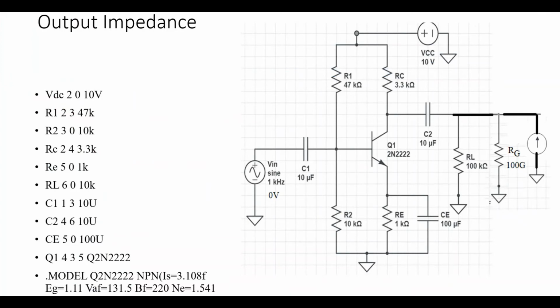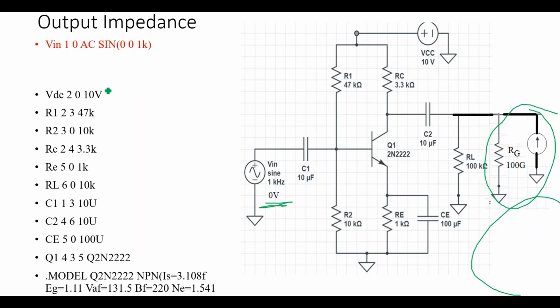Next is the output impedance. The output impedance for any circuit is calculated at the output side when the input voltage is grounded or it is zero. So if you see, the change in the circuit is the input voltage. I have taken it to be 0 volts, and the current source is connected at the output side. So the change in the coding will be input voltage VIN.